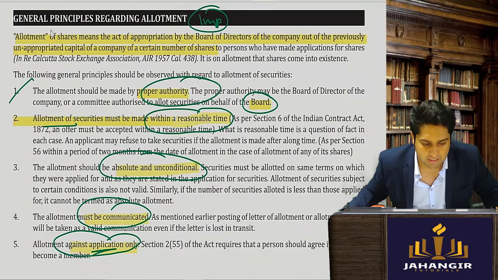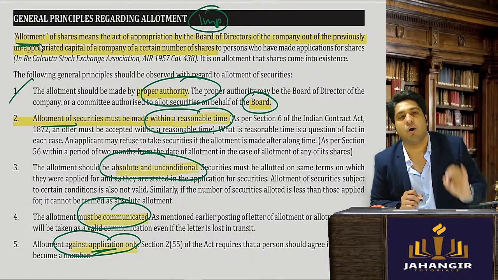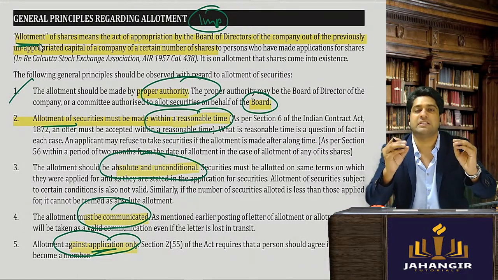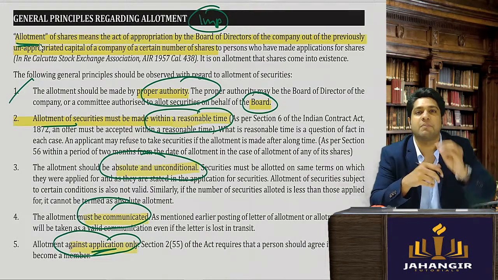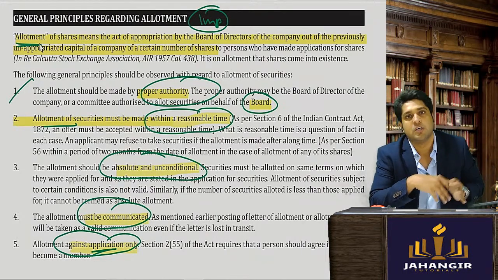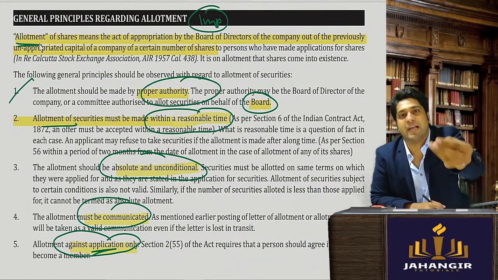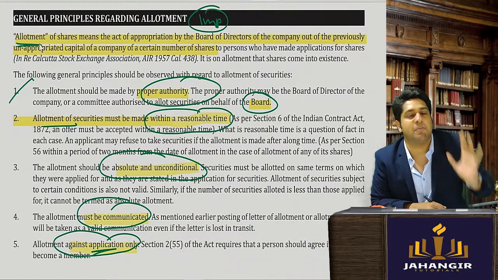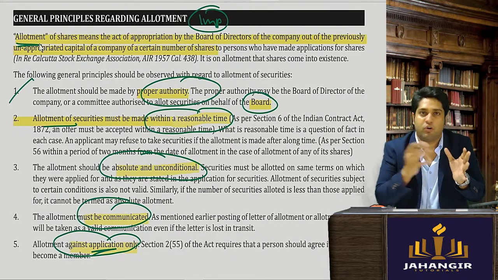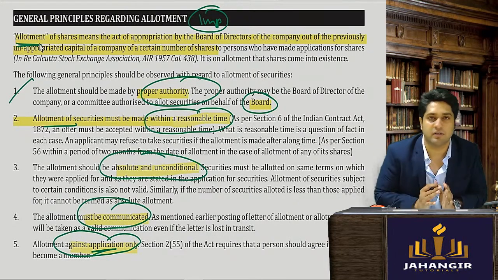Now very important is the meaning of allotment. What do you mean by allotment? It will sound very tough. Allotment means to give the securities. The company had permission to issue securities, or authorized capital of X amount, and earlier they had not yet given all of it.